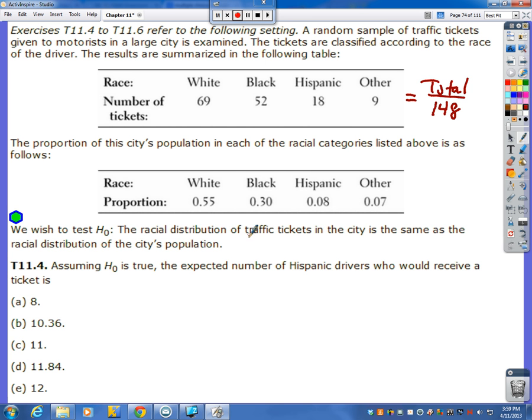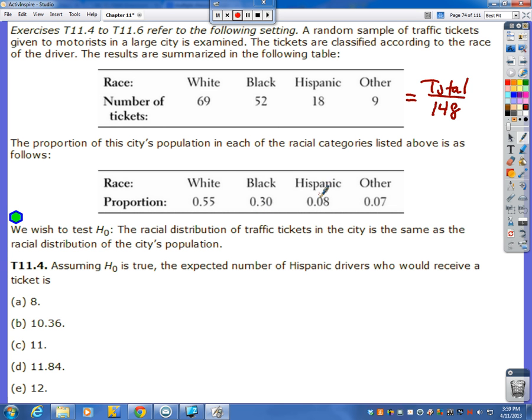So what they're saying there is, if 55% of the city are white people, then we should expect that 55% of all traffic tickets should go to white people. And if a city has 30% black people, then we would expect that 30% of all tickets given out are for black people.